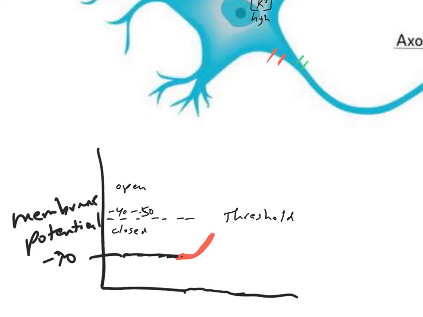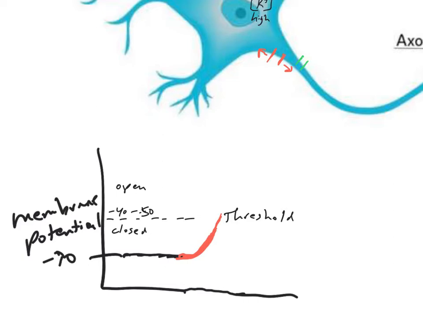So if our ligand-gated channels have opened enough sodium channels or enough other channels that cause this membrane potential to reach that threshold, these voltage-gated channels are now going to open because we just moved from below where they're closed to above it where they're open. Now here's the important thing.